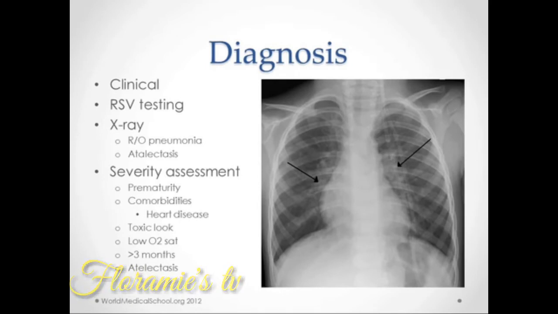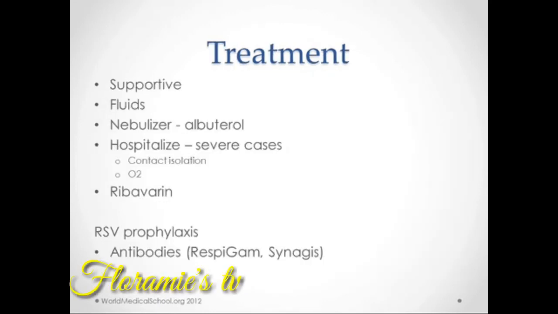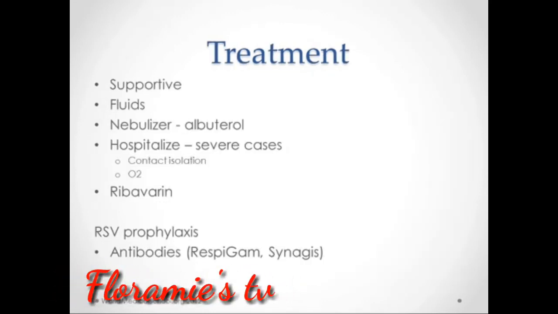If the baby is premature, if they have comorbidities including heart disease, especially immunodeficiency disorders, that's going to make this a severe case. If the kid looks toxic, looks real sick, if they have low O2 saturation, if they're under 3 months of age and they have atelectasis like we mentioned, that's going to put them in the severe category and going to change the way we treat it a little bit.